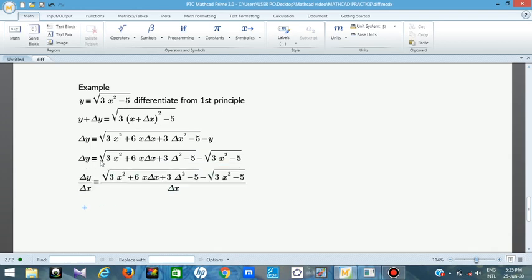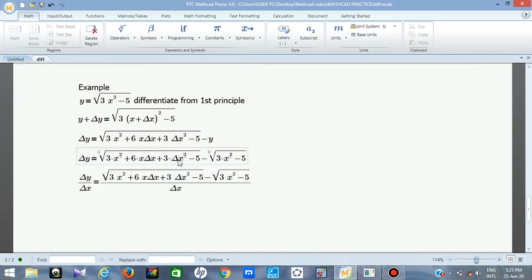Now that we have divided both sides by delta x, at this stage, if you look at it, there's nothing we can do. We cannot divide anything. Delta x cannot cancel any of the delta x here. No value can subtract any values here. So what do we need to do? We need to rationalize the numerator.